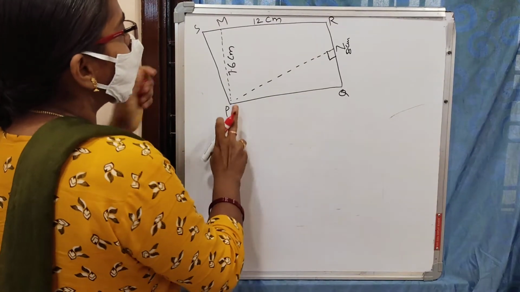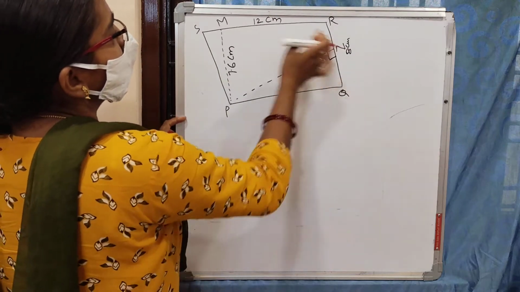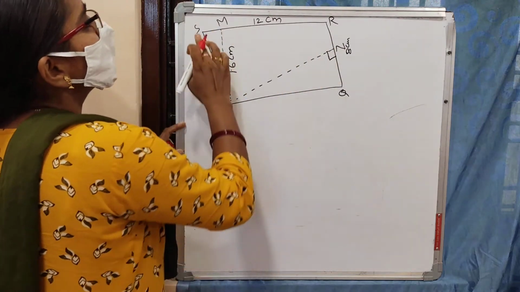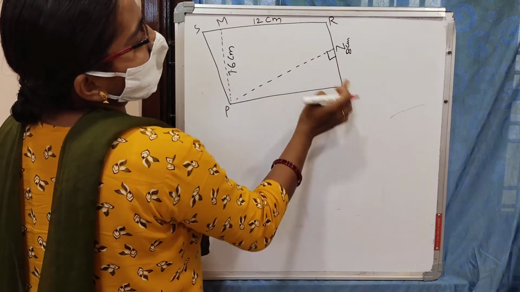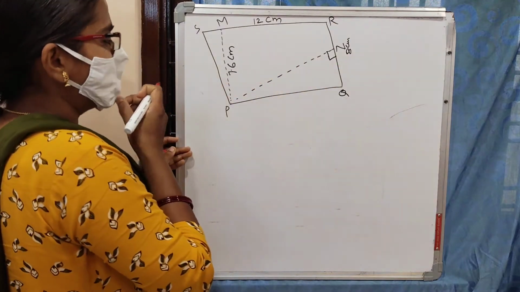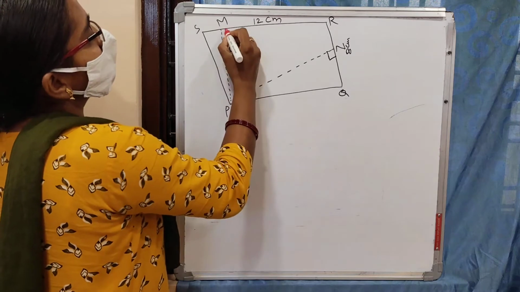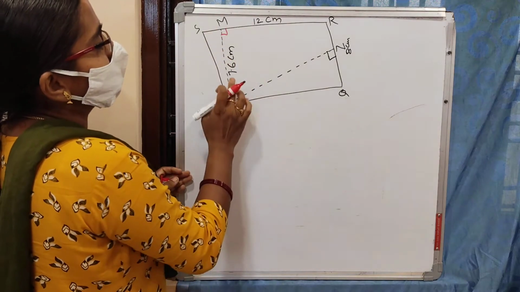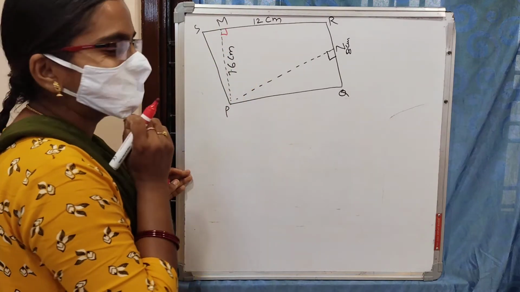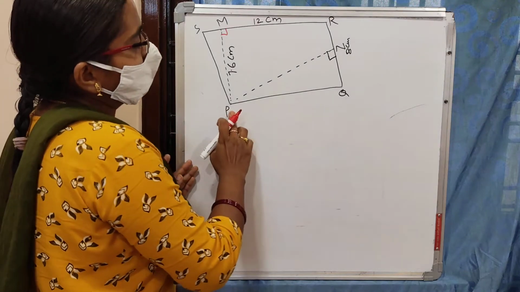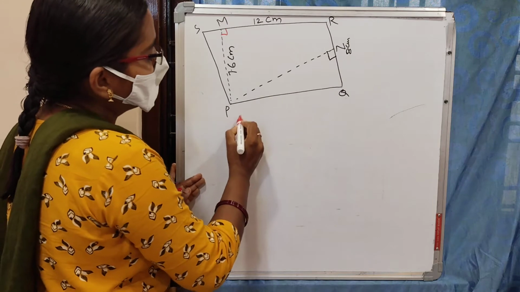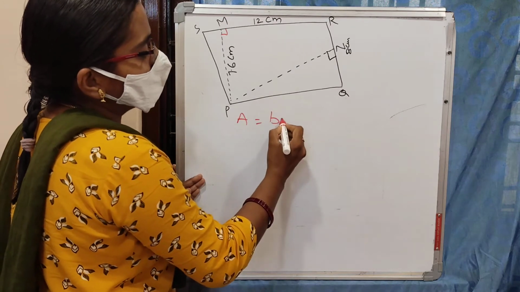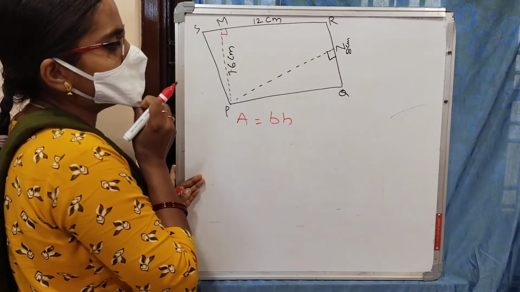Here this is a parallelogram PQRS. In this, SR is one side, 12 centimeter, QR is another side, 8 centimeter, and PM is perpendicular, 90 degrees, and it is 7.6 centimeter. Then what is the area of parallelogram PQRS? We have just seen that the area of a parallelogram is equal to base into height.